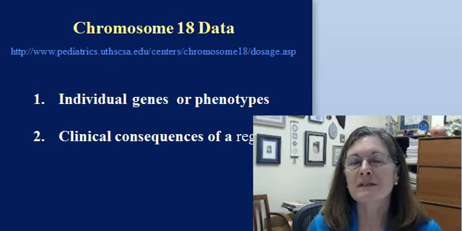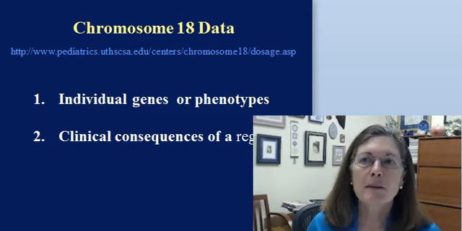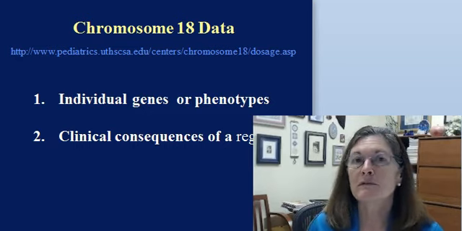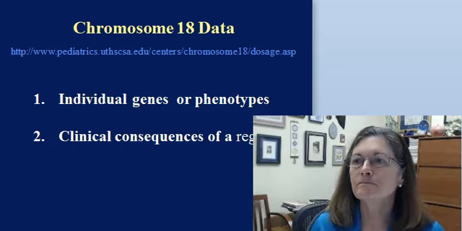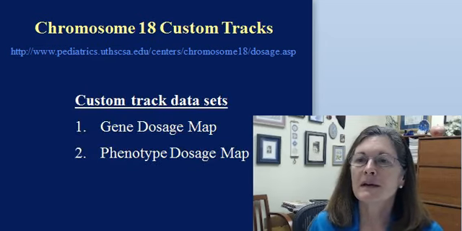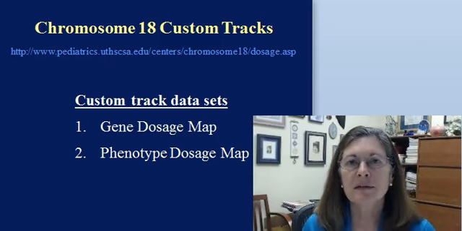There are two reasons you might want to use our gene dosage maps for chromosome 18: to find out information about individual genes or individual phenotypes associated with chromosome 18, but also to look up the clinical consequences of a region on chromosome 18. Either way, our gene dosage maps have two tracks.